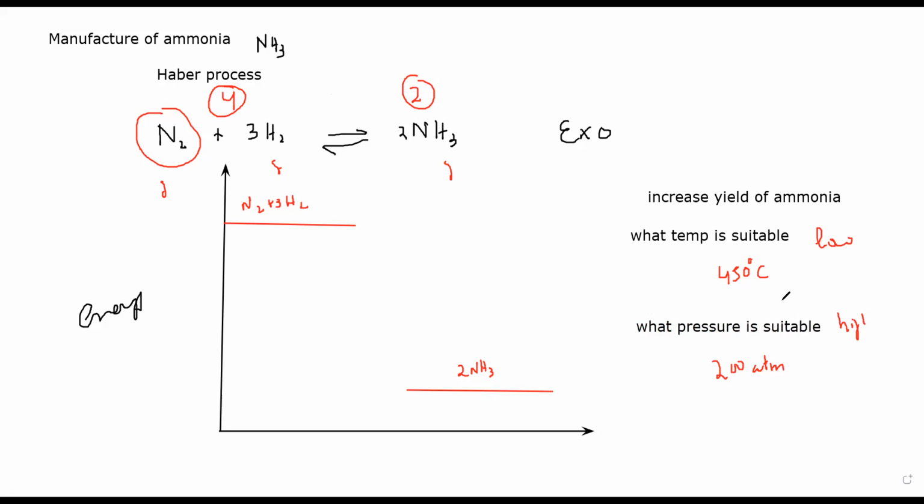But another issue is that the reaction is reversible, so the reactants can form a product and the product can decompose to form back the reactants. The second thing we need is how to obtain the reactants, because to form ammonia we should have reactants. So how do we obtain these reactants?